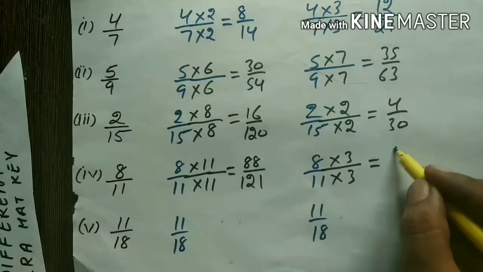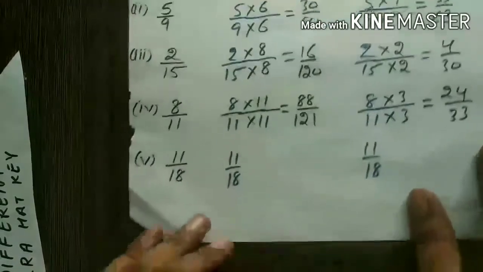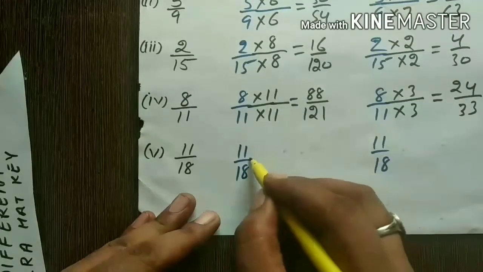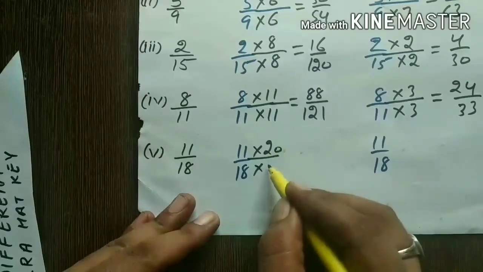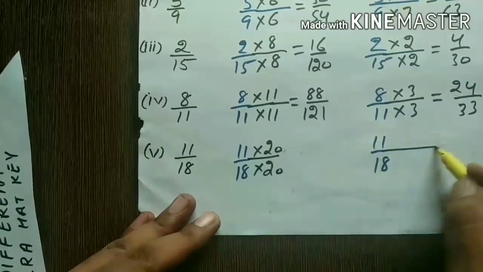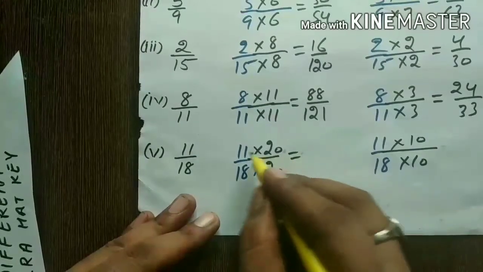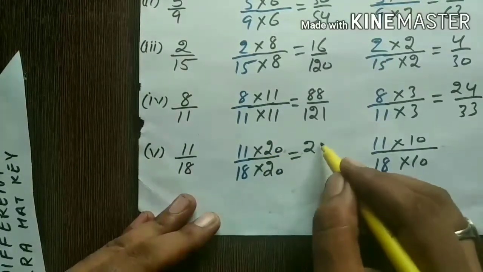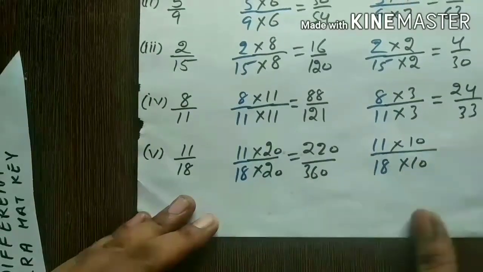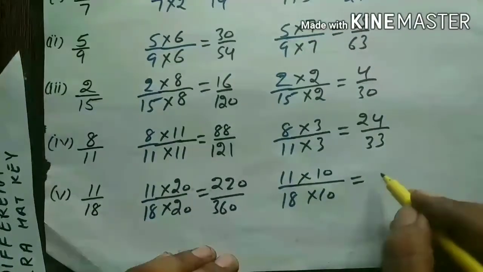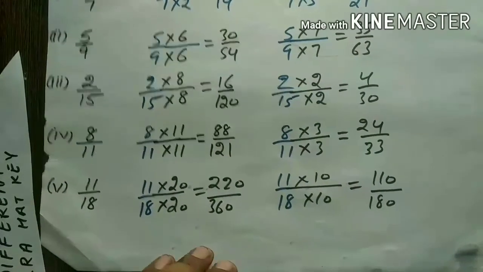Now 24 and 33. Here you can see that I will multiply this with 20 and I multiply this with 10. Okay, so the answer is 220 and 360, and here the answer is 110 and 180.